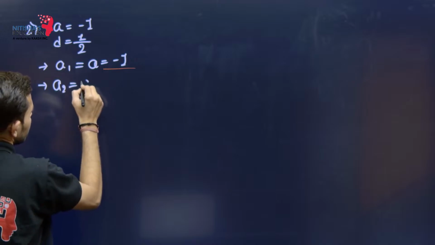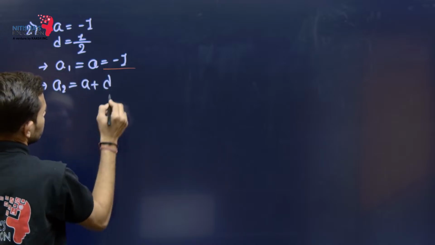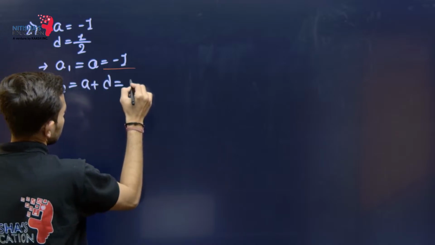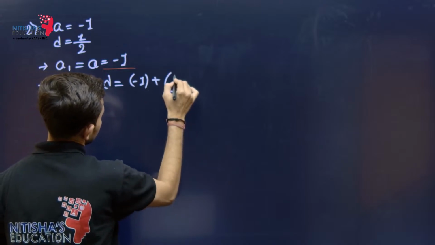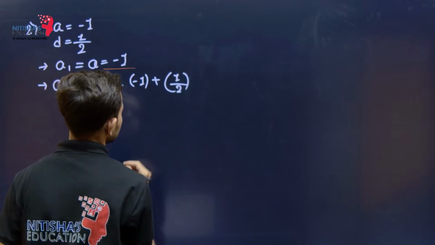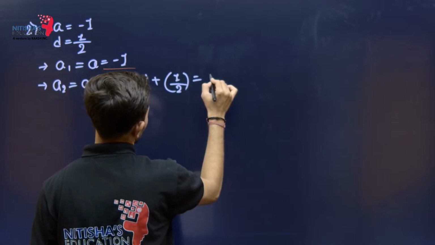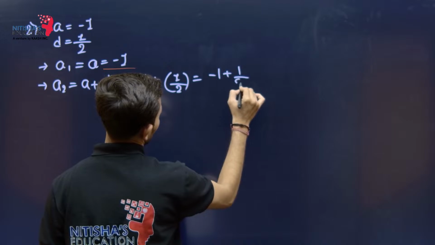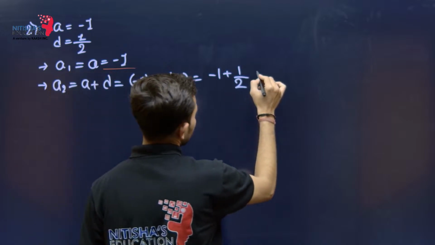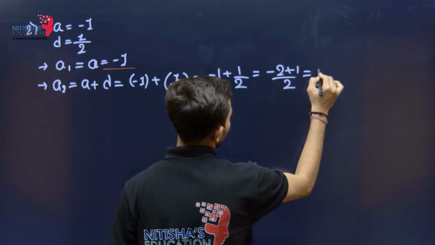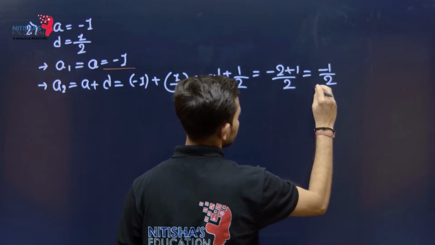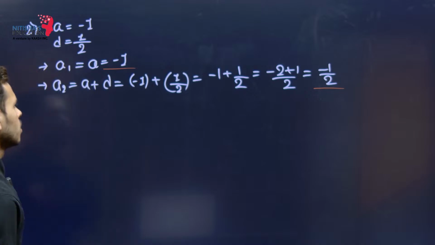A2 is given by A plus D. What is the value of A? It is minus 1. What is the value of D? It is 1 upon 2, right? Simplify it, minus 1 plus 1 upon 2. Take LCM, it will become minus 2 plus 1 upon 2. Our final answer will be minus 1 upon 2. This is my second term, right?